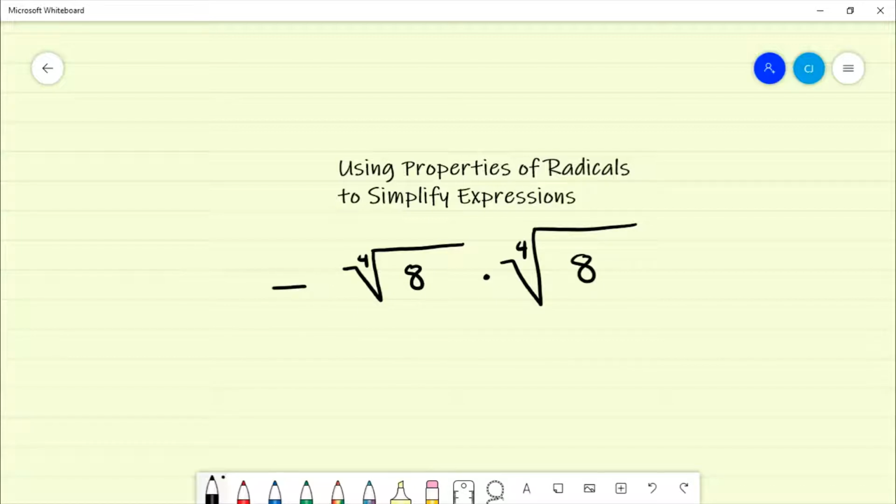So since my roots are the same, I can rewrite this as the fourth root of 8 times 8.